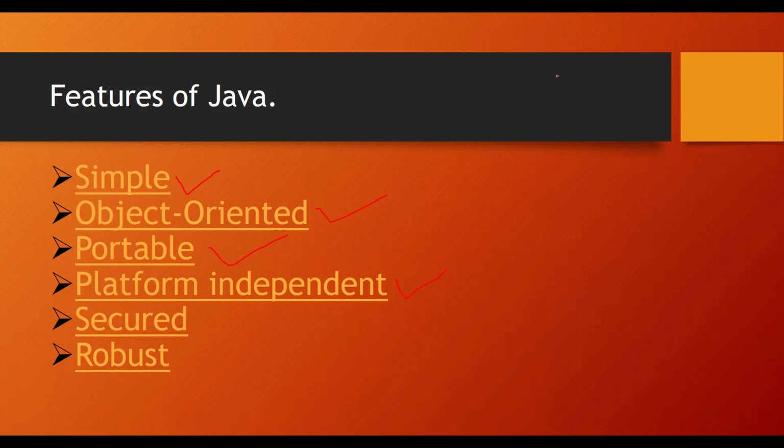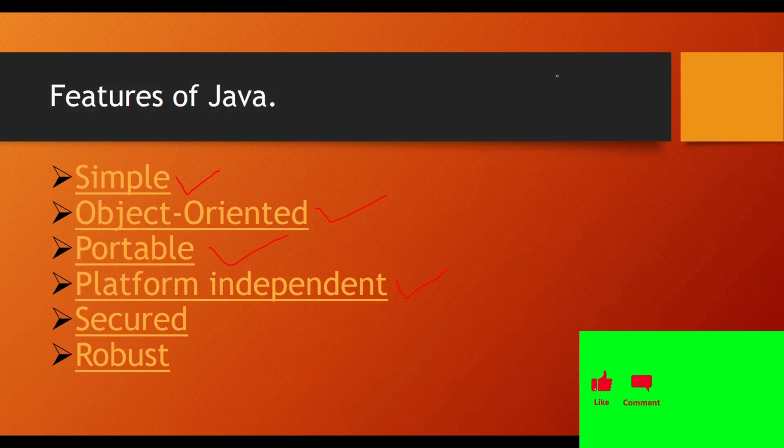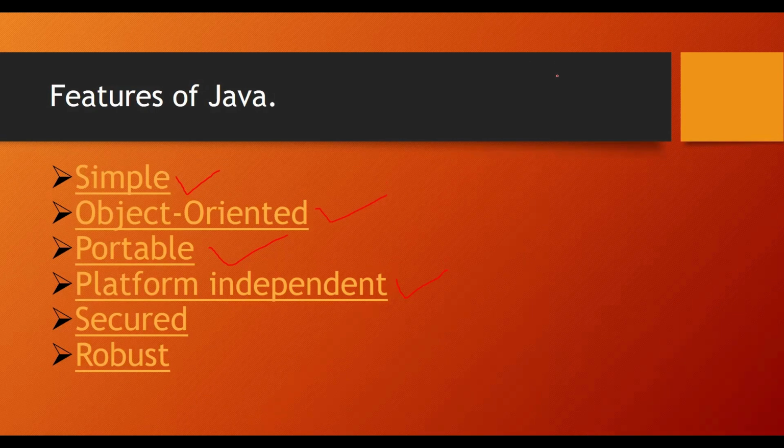There is a bytecode verifier in Java which checks for any illegal code that can violate the application, and it is removed by Java. That is why it is called a secure programming language, and it gives a virus-free system.